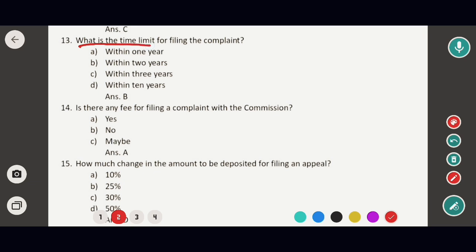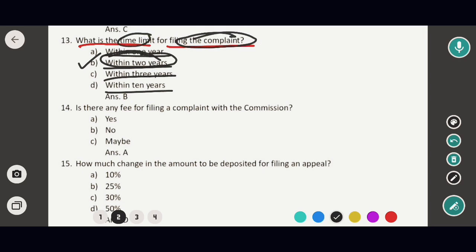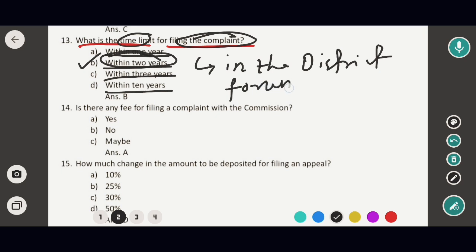What is the time limit for filing the complaint? Options are within 1 year, within 2 years, within 3 years, and within 10 years. So in this case, the correct option would be option B. That means within 2 years is the time limit for filing a complaint, in the district forum.